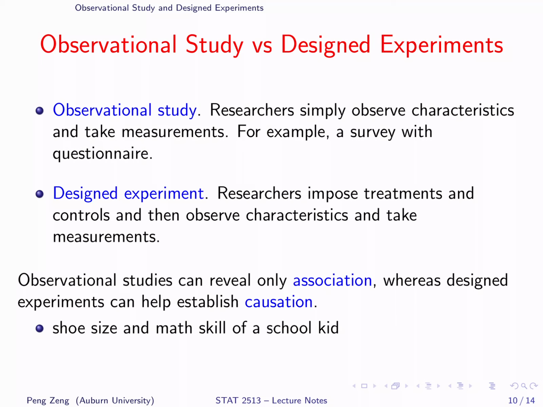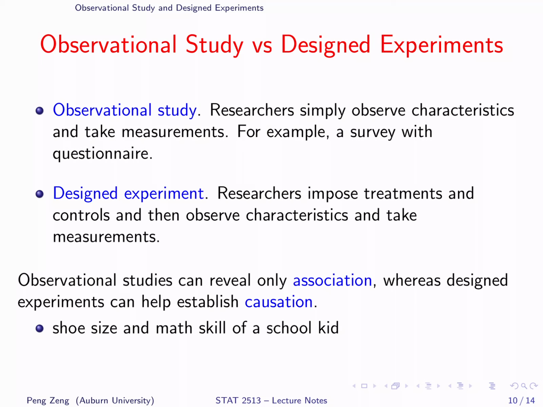By association, we mean that things happen together. For example, when a kid grows up, his shoe size increases, and his math skills also increase. The shoe size and the math skill show a relationship of association, but no one believes that the shoe size is a reason for math skill or vice versa.